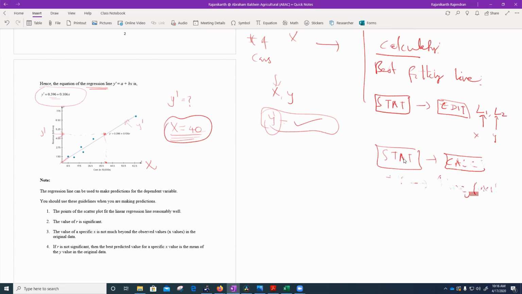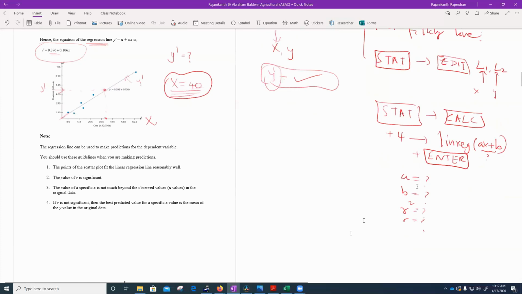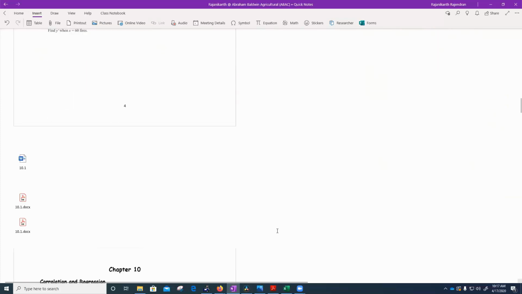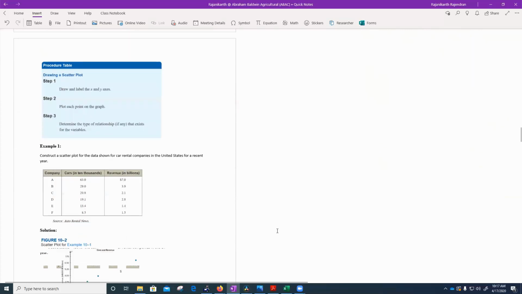Use this function. Then in that, enter, and you will find out a, b, r squared, and r. This all will be given to you. We used this procedure to find little r last time, but it is the same procedure for finding a and b also.